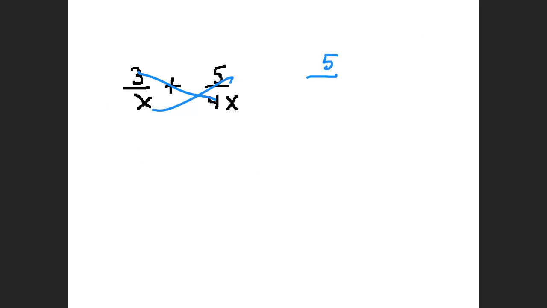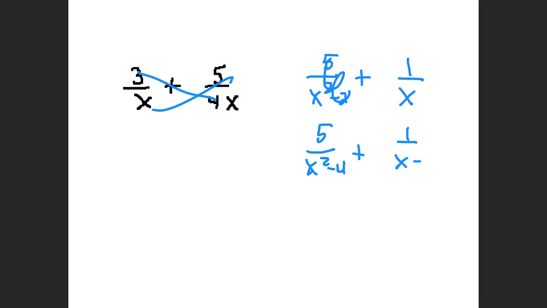5 over x squared minus 4 plus 1 over x minus 2. What is my common denominator? x squared minus 4?